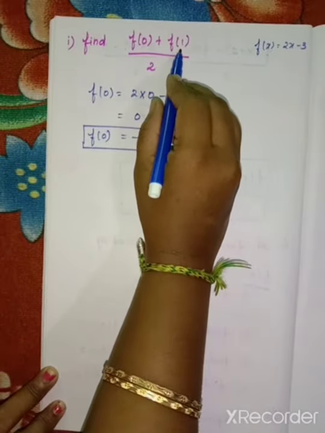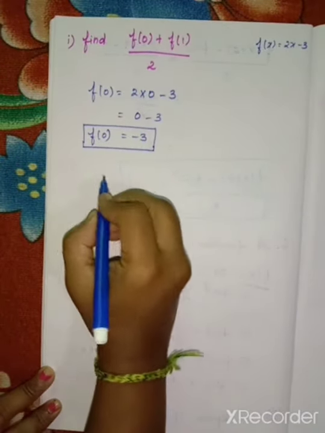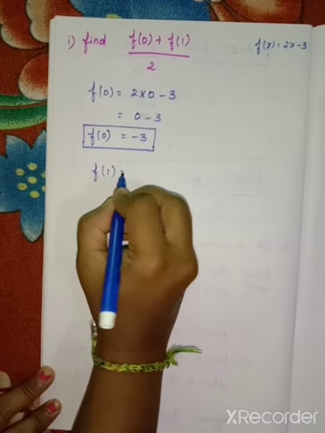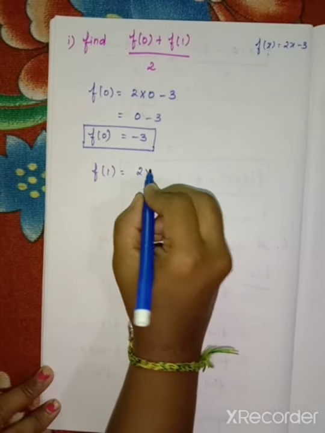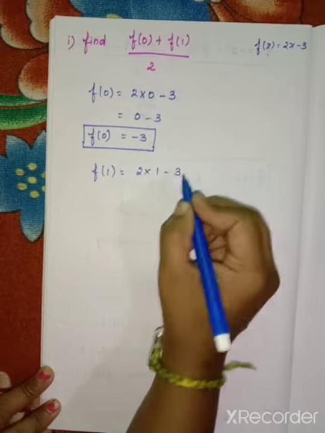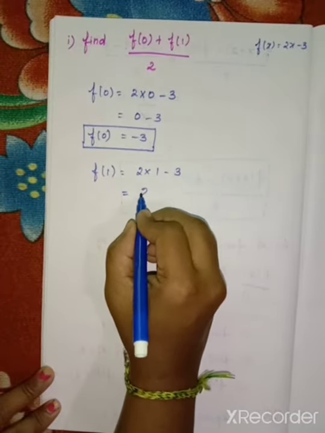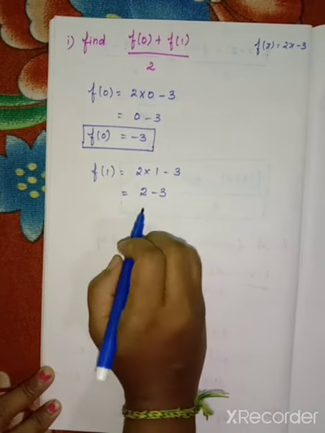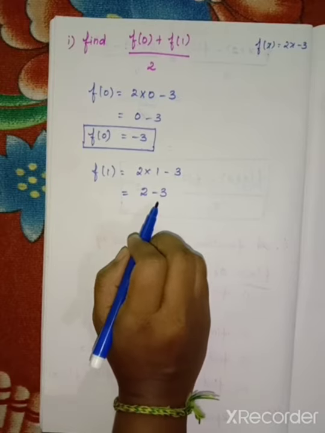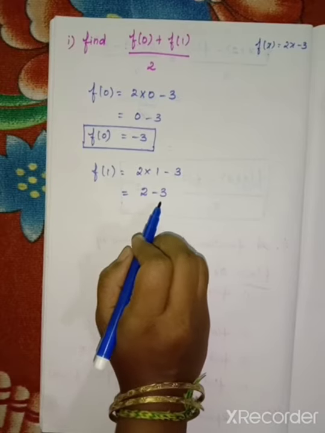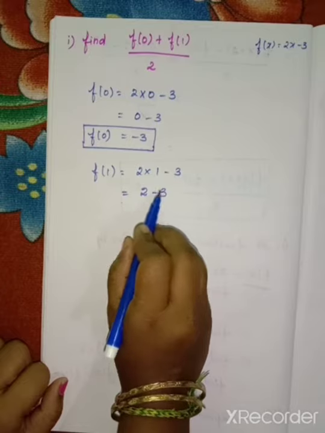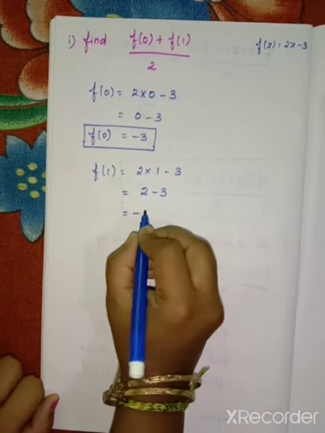Then we want to find f of 1. So f of 1 equals 2 into 1 minus 3. 2 ones are 2, minus 3. Here we subtract, and 3 is bigger, so the sign is minus: 1.